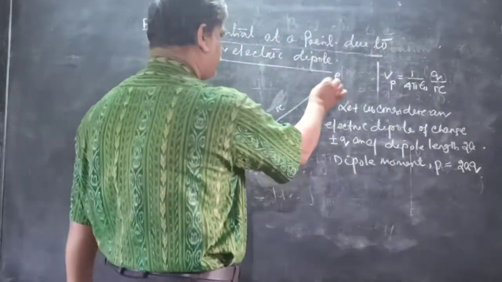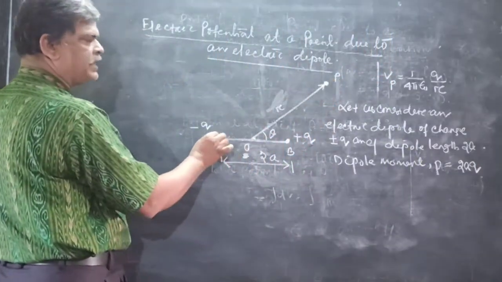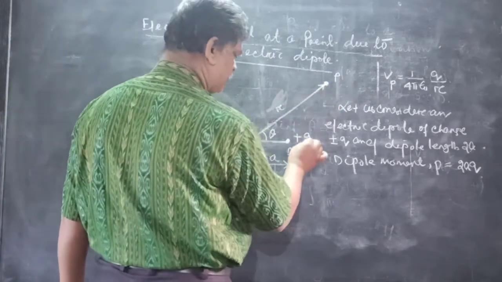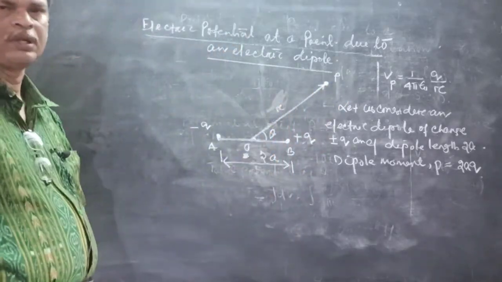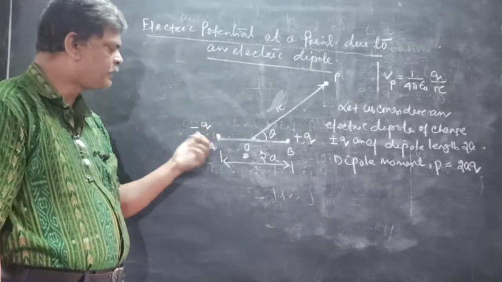Now find the potential at point P due to minus q and the potential at point P due to plus q. So what is the potential at point P due to minus q?